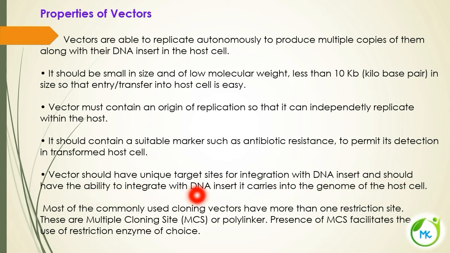Most commonly used vectors have more than one restriction site, called a multiple cloning site or polylinker. Because it has different restriction sites, we can use a restriction enzyme of our own choice to cleave the vector so as to insert the gene of our own interest.